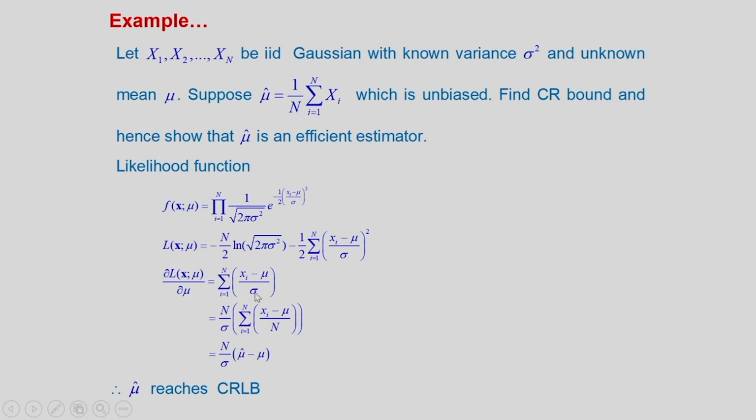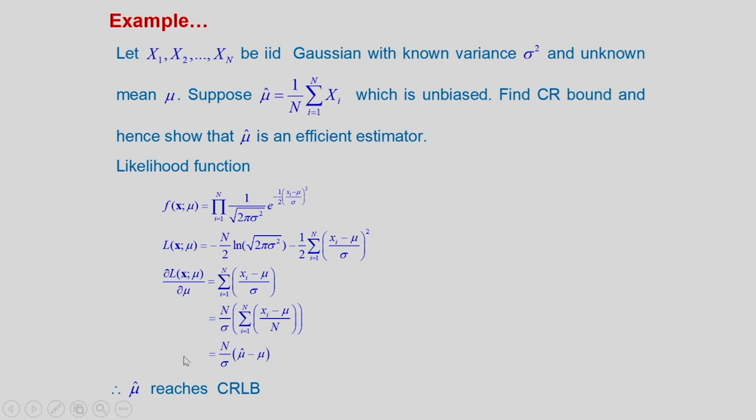Now here sigma is there, this sigma I will take out and I will write n here and divide by n here, so that this expression can be simplified as n by sigma into (mu hat minus mu). So we have seen that del L del mu, the first partial derivative of the log likelihood function, is a product of one constant term n by sigma and (mu hat minus mu).